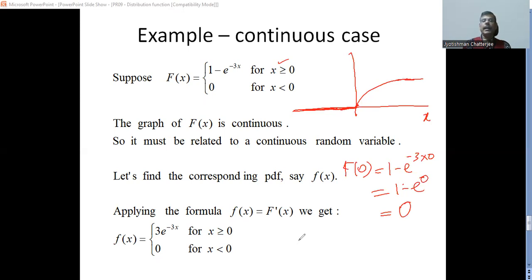Now, this one can never be equal to 1. Why is it so? Because for x greater than 0, this implies minus 3x is less than 0. This implies e to the power minus 3x is less than e to the power 0, because e to the power x is a strictly increasing function, and e to the power 0 is equal to 1. So e to the power minus 3x is less than 1.